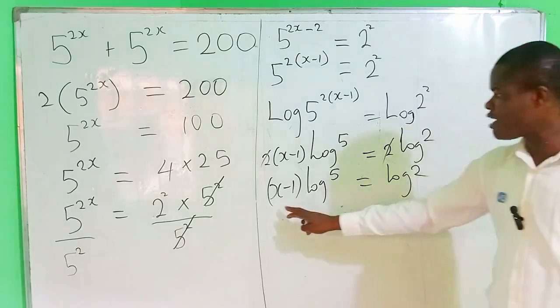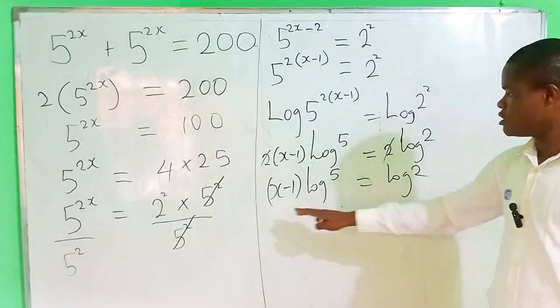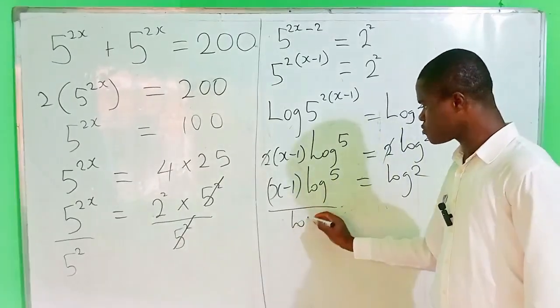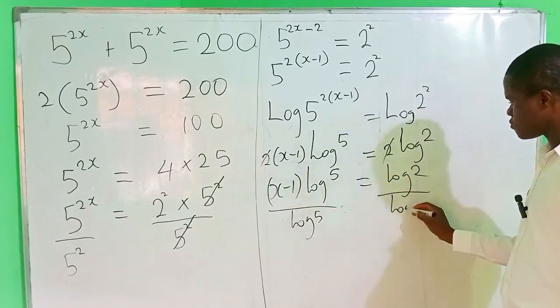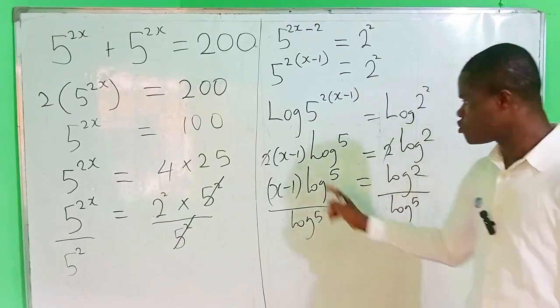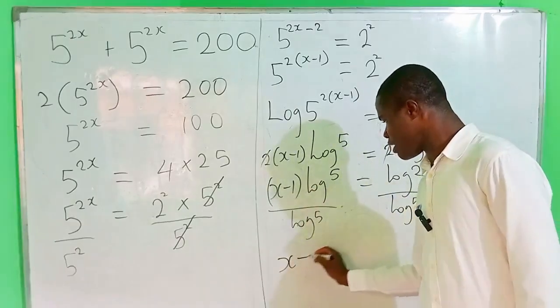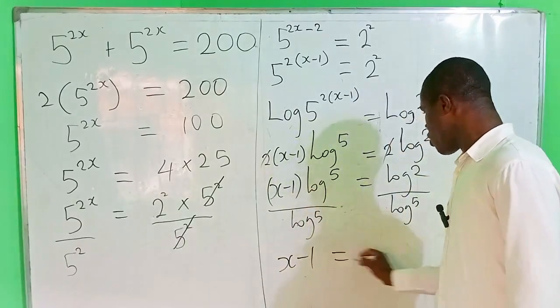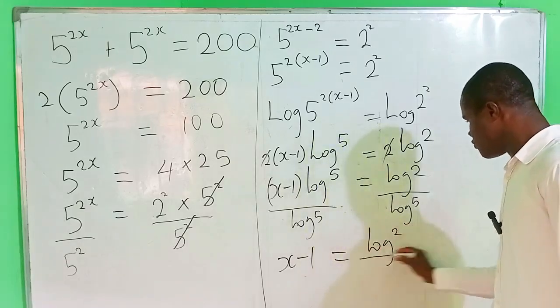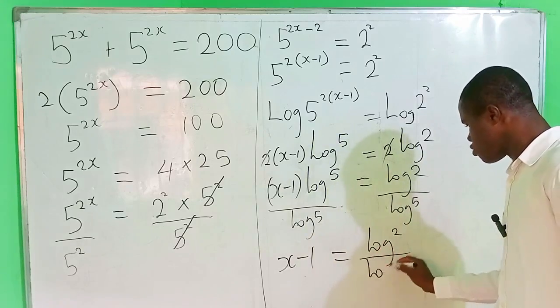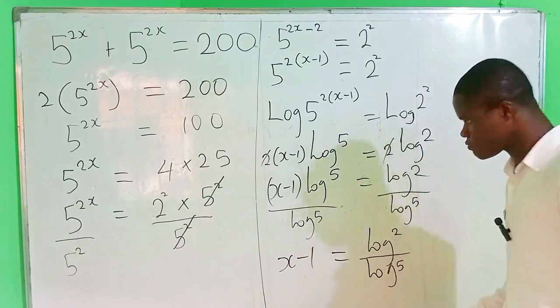What I'm going to do next is to divide both sides by log 5. So this becomes x minus 1 is equal to log 2 divided by log 5.